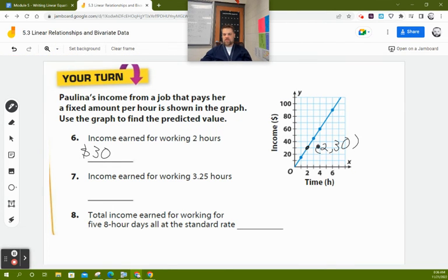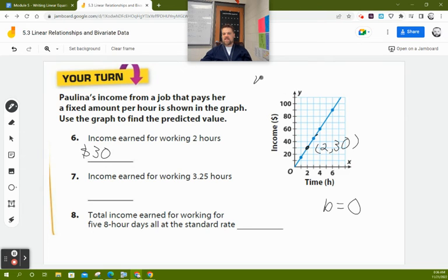What about 3.25 hours? Well, if this is 3, a little bit over here, 3.25, how do I figure that out? Well, I probably need the equation of the line. Does this go through the origin? Yeah. So if I already know that b is equal to 0, can I find the equation of the line?